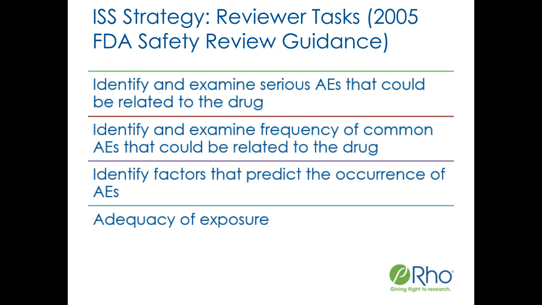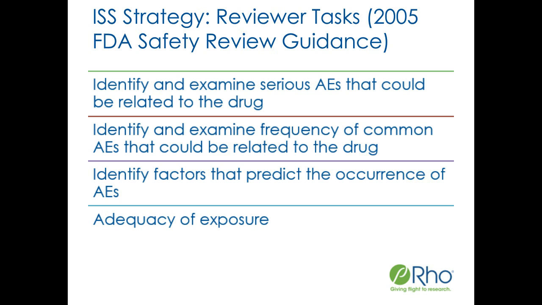At a minimum, you will expect that your reviewer will look at serious adverse events that could be related to the drug, common AEs that could be related to the drug, and then factors that would predict the occurrence of these adverse events, as well as exposure. So exposure looks at the duration, the amount of time, the population, and how long you followed your subjects up in your clinical studies.